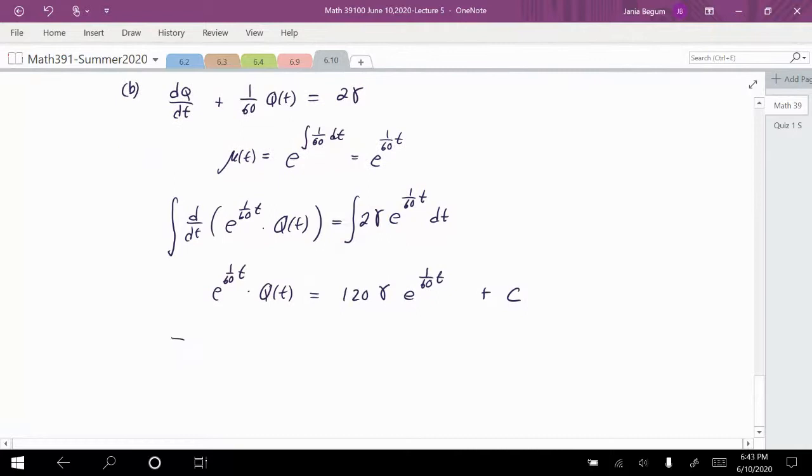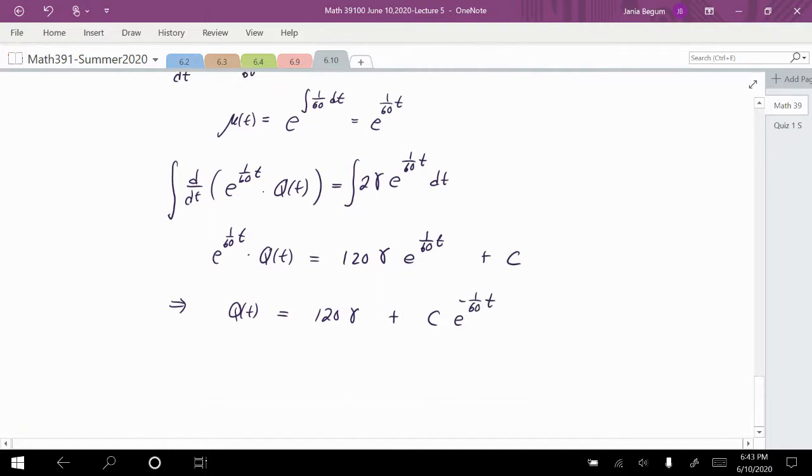And then we can solve for q of t. So q of t is equal to 120 gamma plus c e to the negative 1 over 60 t. That's the model. And now we have to find c by plugging in our initial condition. Plugging in t equals 0, the exponential will go to 1.